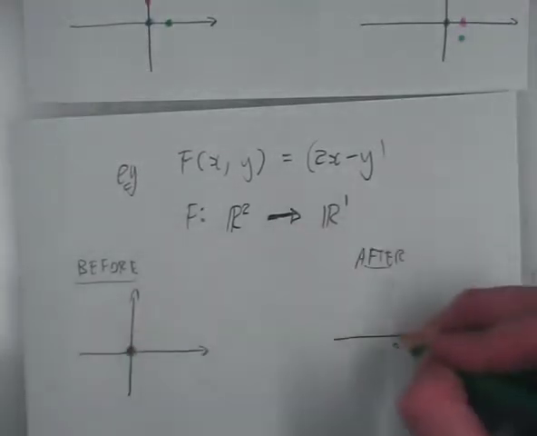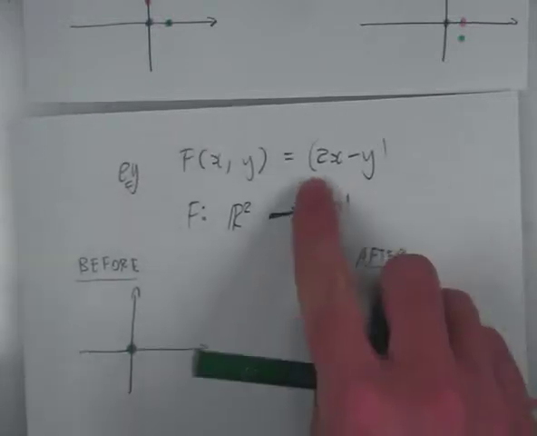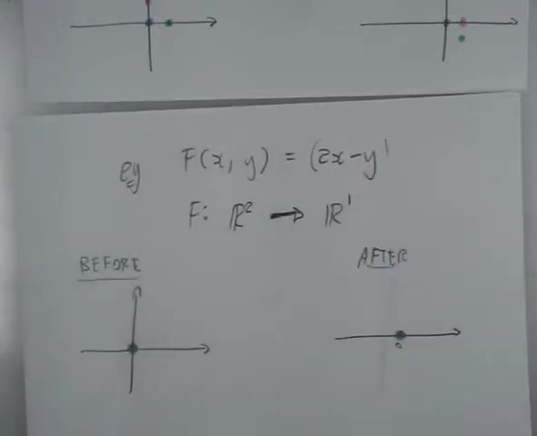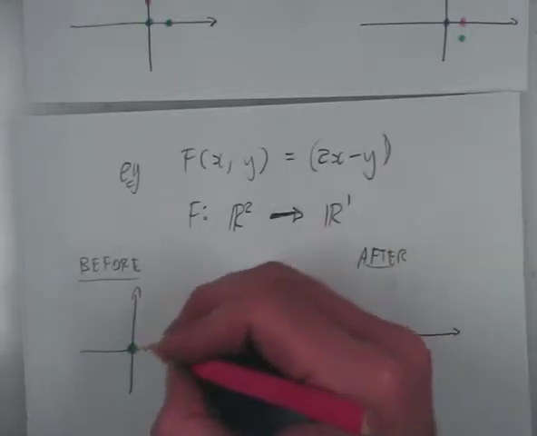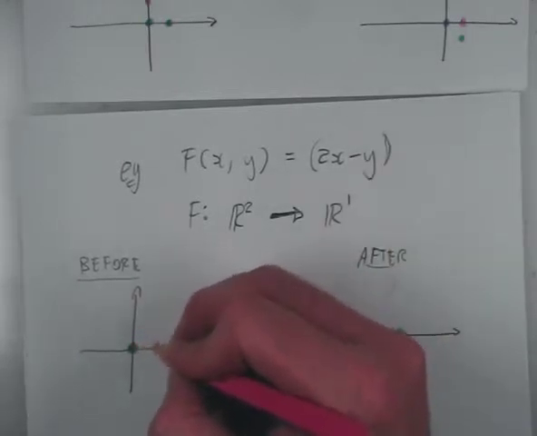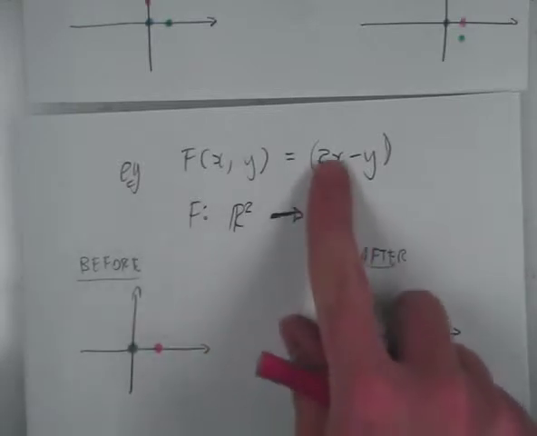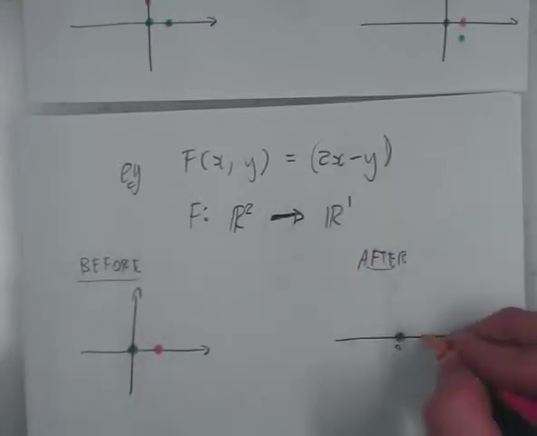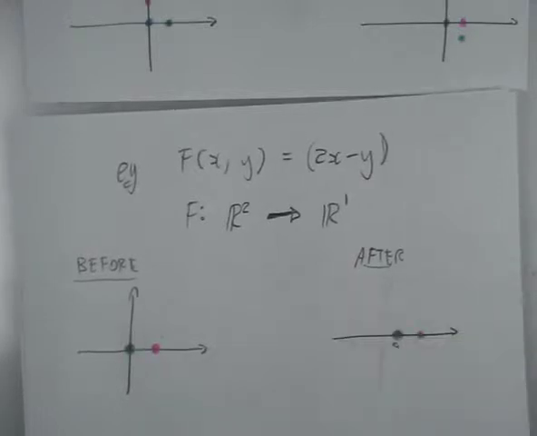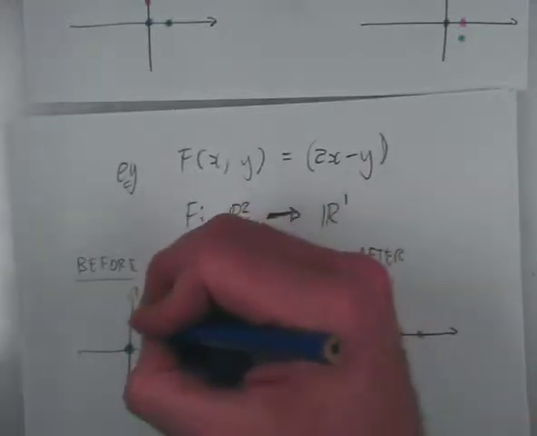And as always, when I put it into the formula, I'll get 2 times 0 minus 0, which is 0. And here I have the point 1, 0. And when I put it into the formula, I get 2 times 1 minus 1. So this is coming to the point 1. And here I have the point 0, 1.